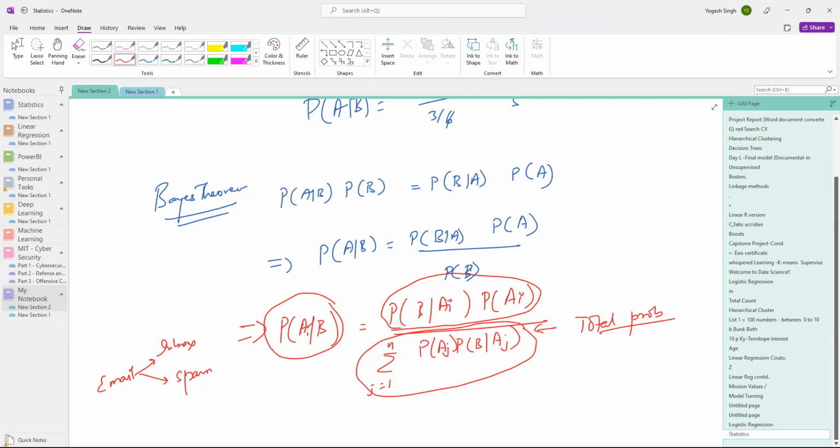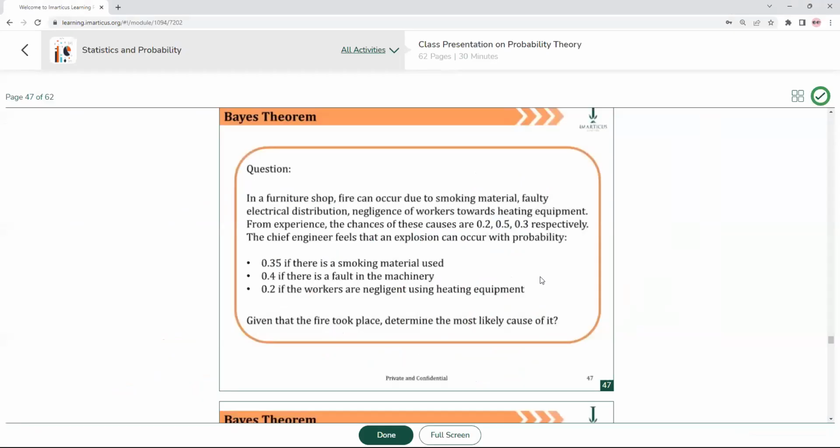Okay, so let me share my screen. In a furniture shop, fire can occur due to smoking material, faulty electrical distribution, or negligence of workers towards heating equipment, and from experience, the chances of these causes are 0.2, 0.5, and 0.3 respectively.